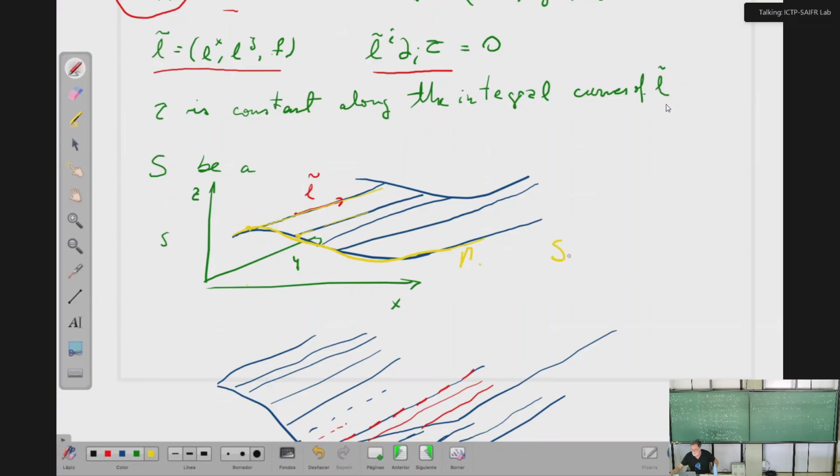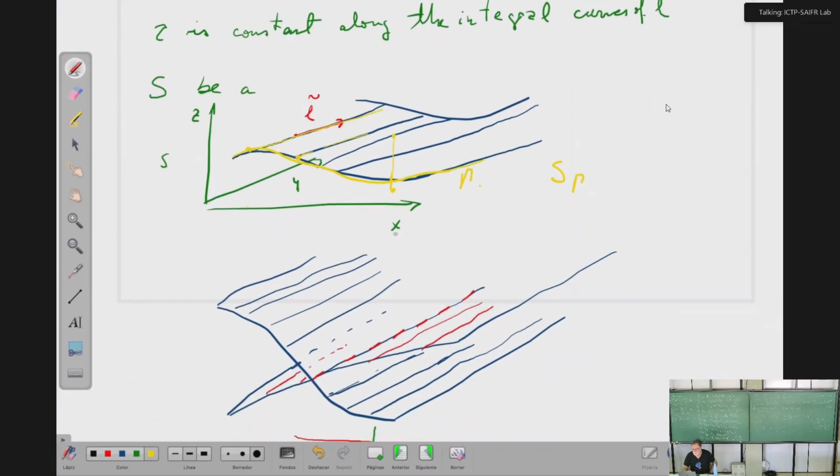So this surface depends on gamma. And this is a solution, right? Because from that I can get a solution, just taking this value and projecting down to the surface, and saying, okay, this is the u I need. So this way I get solutions.